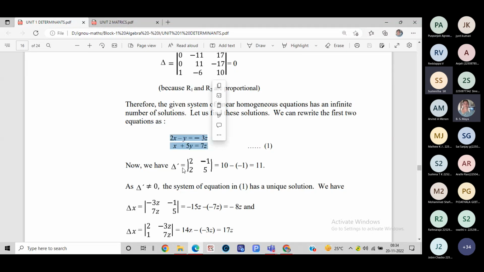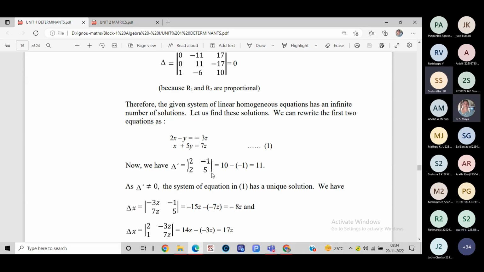For two equations, what are the coefficients? For x it is 2 and 1, for y it is minus 1 and 5. By mistake a 2 is written, this is a 1. Delta is equal to the determinant of 2, minus 1, 1 and 5. What is the answer? 11.